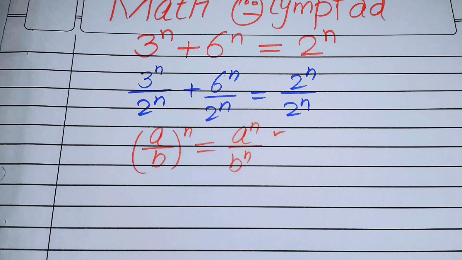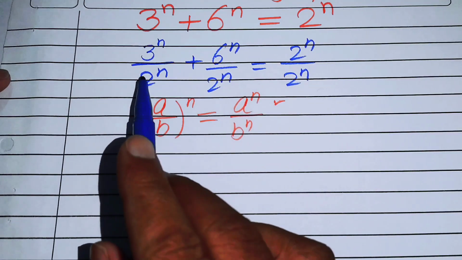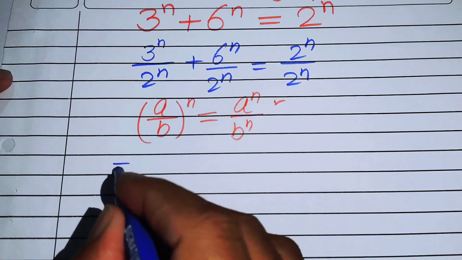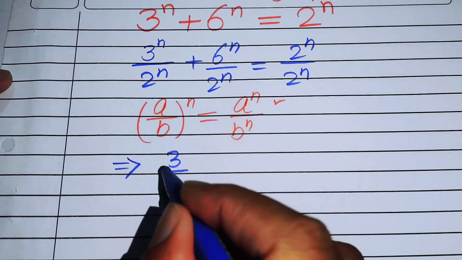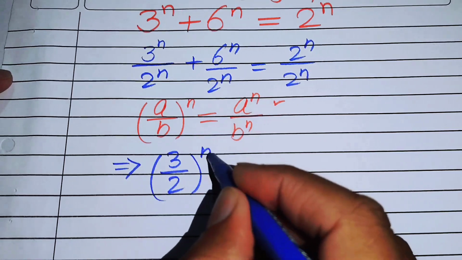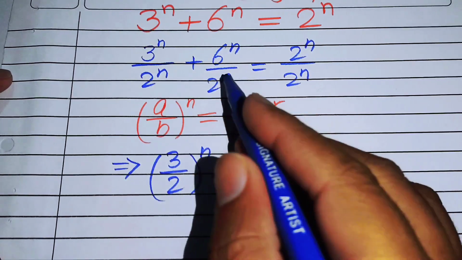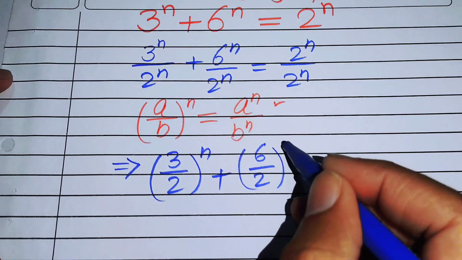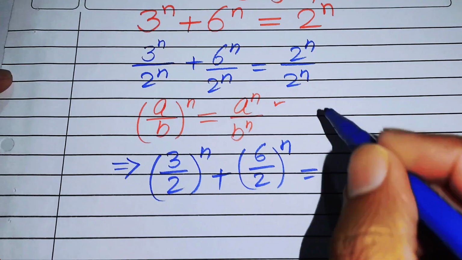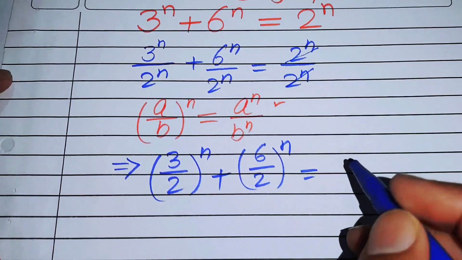According to this law, we combine the exponents of the terms on the left hand side. So we will get 3 over 2 and its whole power n, plus 6 over 2 and its whole power n, and on the right side these two cancel and you get only 1.